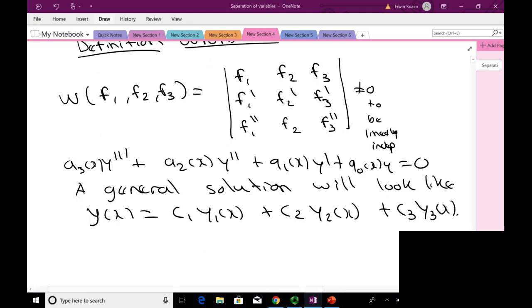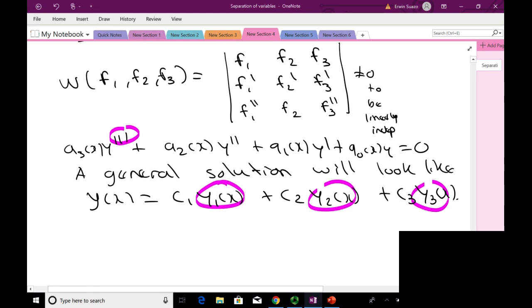This is important: if you have degree 3 derivatives, then you need 1, 2, 3 linearly independent solutions to find the general solution. If you are degree 4, you will need 4 linearly independent solutions. That's the general theory for these solutions.